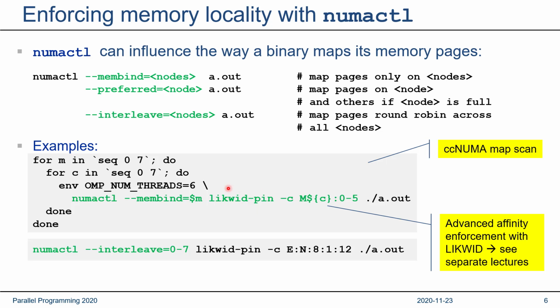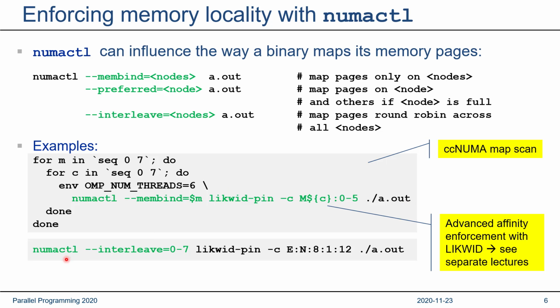So whatever it does, just let me tell you that it pins the 6 threads of the application into the memory domain denoted by C, and C goes from 0 to 7. So here, this green command line is executed for all 64 possibilities of combining memory domain and CPU domain.